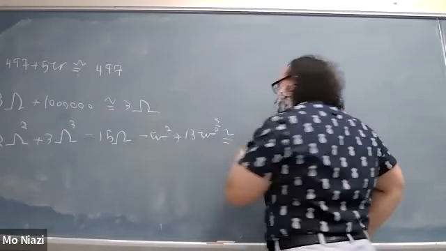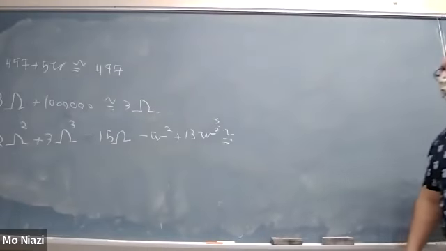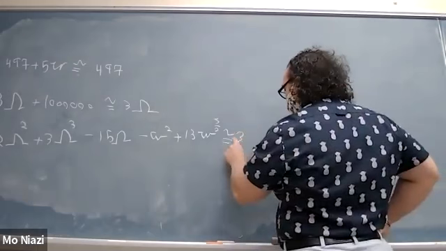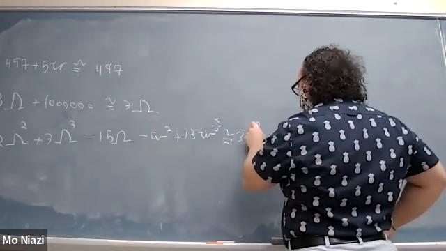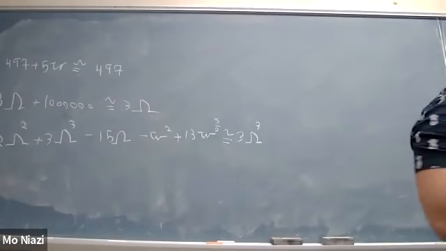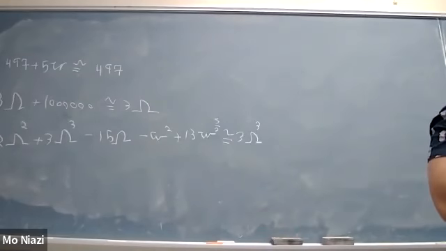What does this approximate to? Three omega cubed. Why? It's the highest level. There we go. So you guys are getting this concept. This concept is important, that's why we're beating this dead horse.